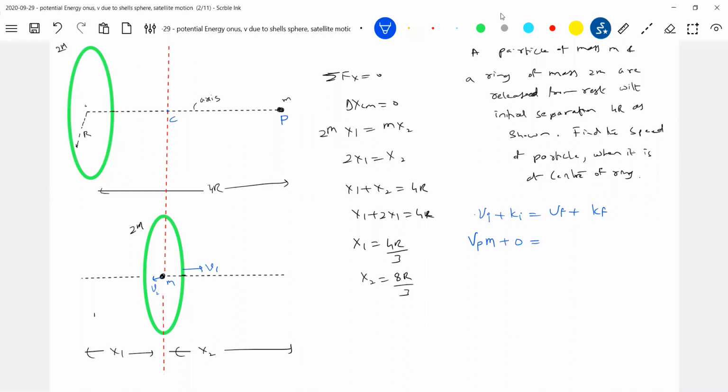They are released from rest. Finally, the particle will be there at C, and that C is now the center of mass of the ring also.